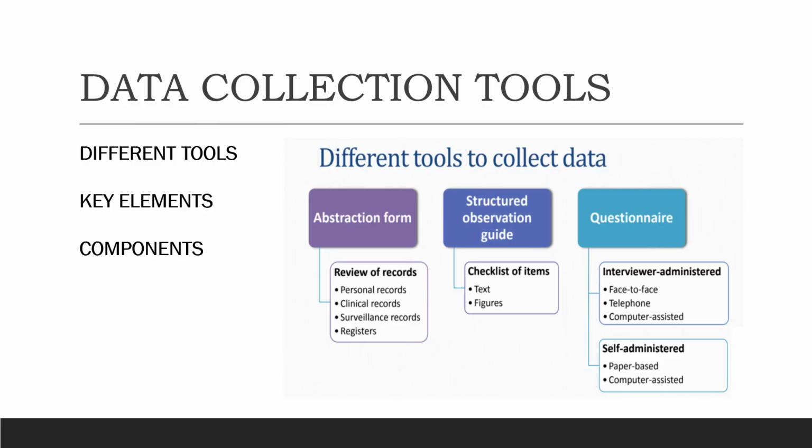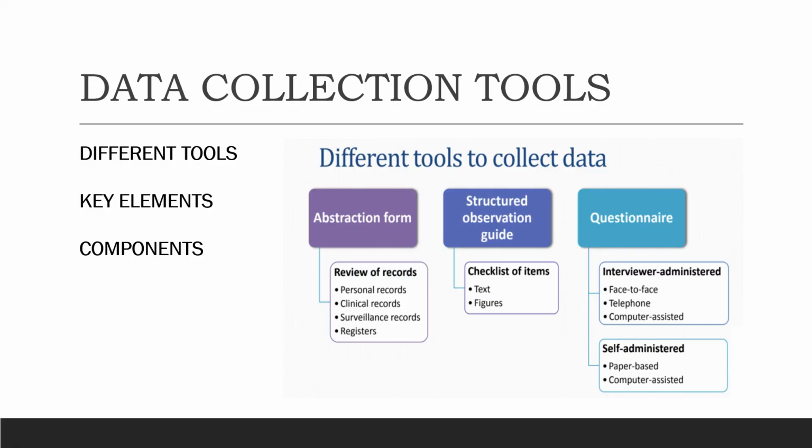The different tools to collect data: there are abstraction forms for reviewing of the records, structured observation guides for a checklist of items, and then there are questionnaires, which can be self-administered or interview administered.